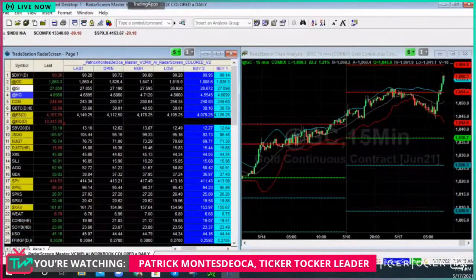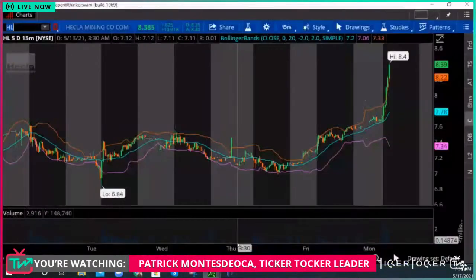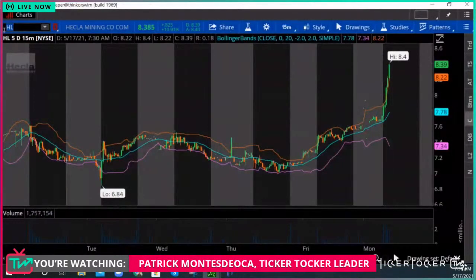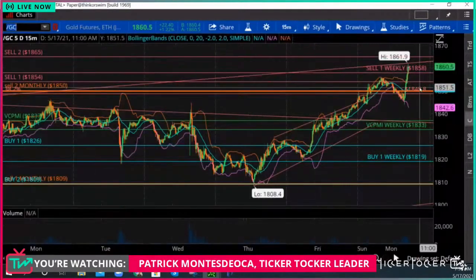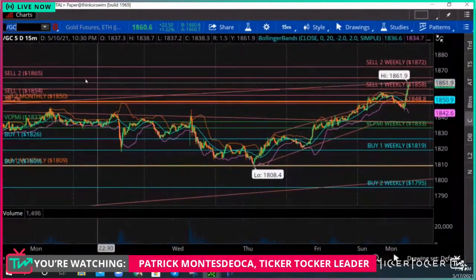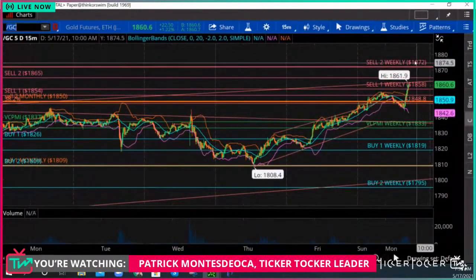The question is, are we breaking out in gold from here? So far we're looking at prices at 1860. The breakout point, I believe, is 1880. 1858 was the weekly sell one, and 65 is the next target, all the way up to 72.